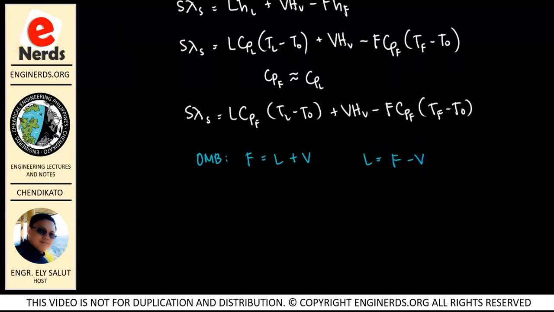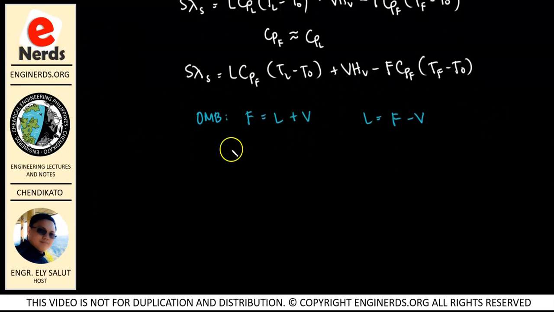Now I'm going to substitute that dito sa ating equation sa itaas. So, I will have S lambda S, which is equal to, I will substitute this instead of L, F minus V times our Cp ng feed times TL minus TO.